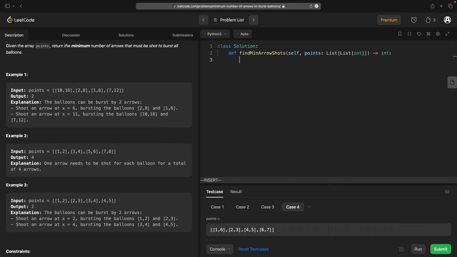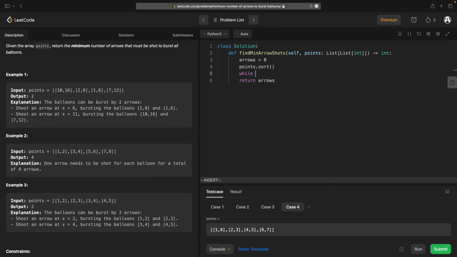Now, how do I actually code that? Arrows equals 0. Return arrows. Points dot sort. And I think that just straight up works. So it'll sort by the first value and then by the second value, and that's exactly what I want. Okay.